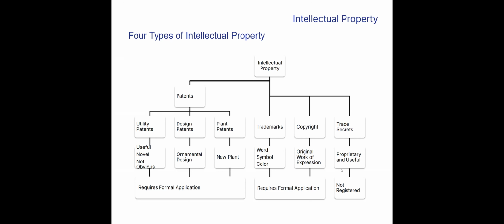So they're proprietary and useful, but they are not registered. You keep it out of the public domain, so nobody knows what it is. But if somebody is able to reverse engineer it or something like that, you do not have the legal protection. The only legal protection you would have is if somebody broke into the Coca-Cola headquarters in Atlanta, got to the safe, opened it up, and pulled out the slip of paper that has the formula on it. So, useful, but dangerous.